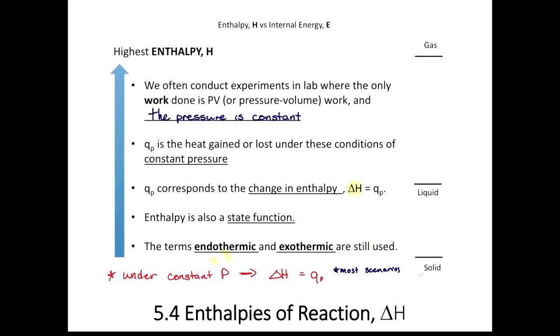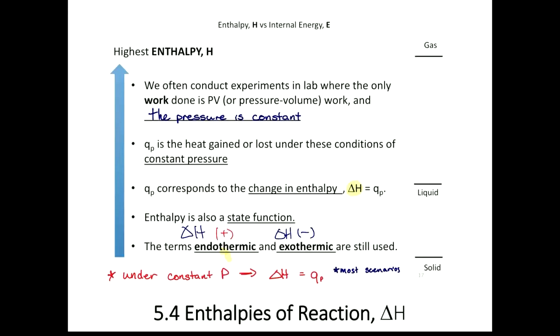So we still use the term endothermic to mean positive Q values or positive delta H values, and exothermic is related to negative delta H values.